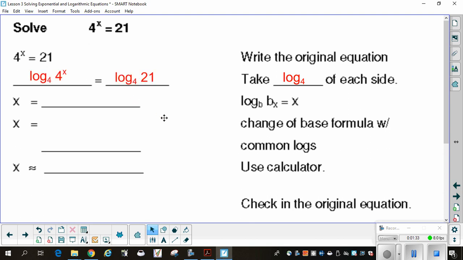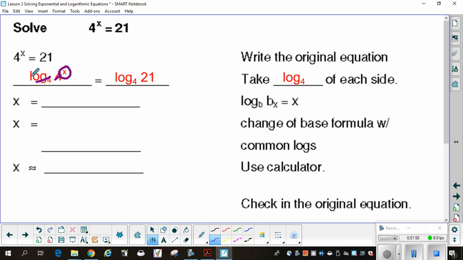Well, when I do that, why is that helpful? Remember that log base 4 of 4 to the x asks, what exponent do I use with 4 to get 4 to the x? Well, that's just x. Remember that using a function and its inverse, logarithms and exponentials are inverses, gives you whatever your variable is.